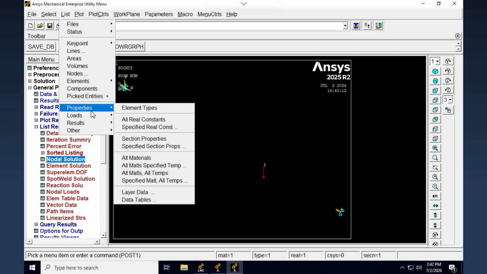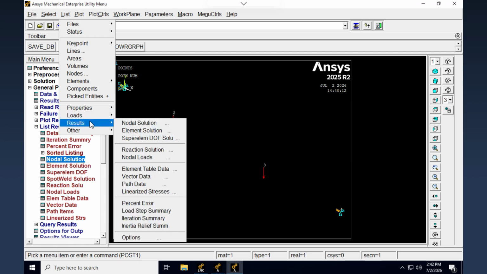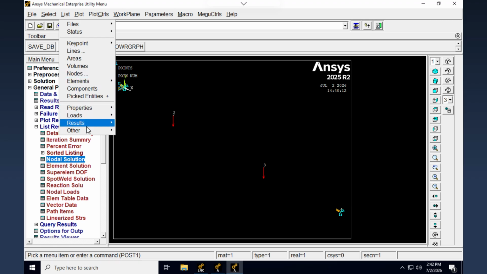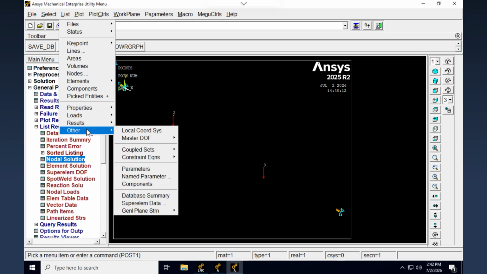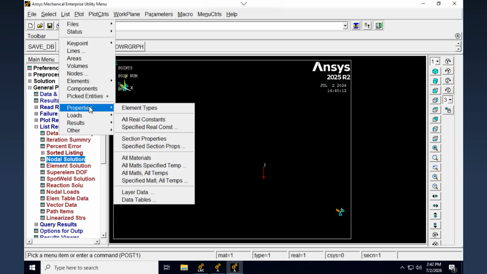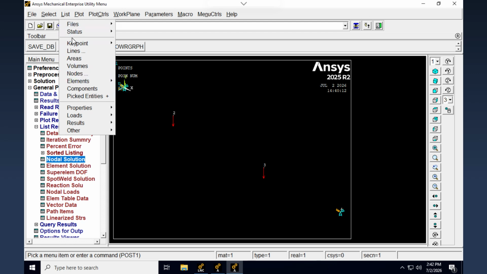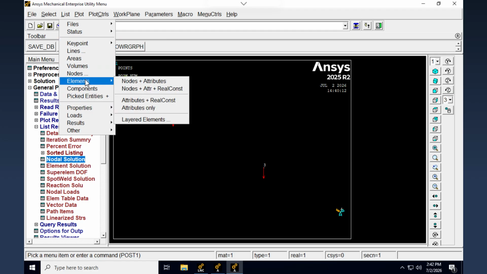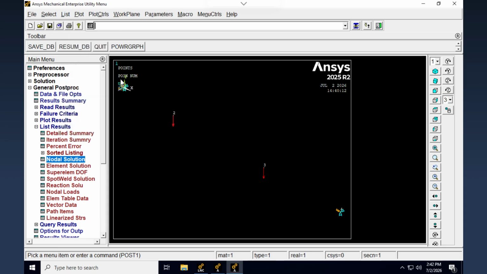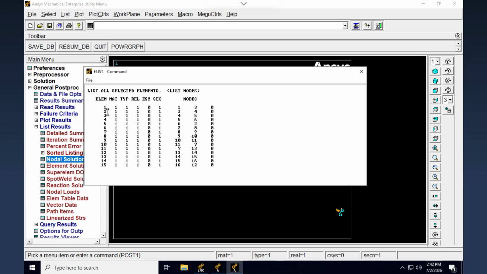So come here, properties. No, go here. Okay, where was it? It should be here. List. Yeah, nodes and attributes. Coordinates. Let's see, where was it? Okay, so elements. Oh yeah, we can see it probably here. Yeah, no, not this one.